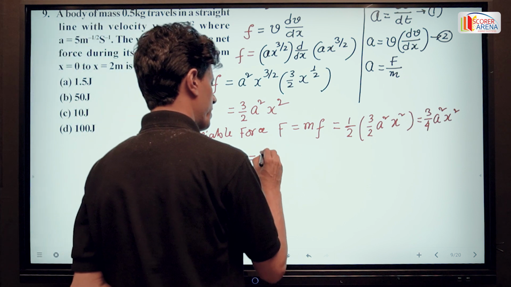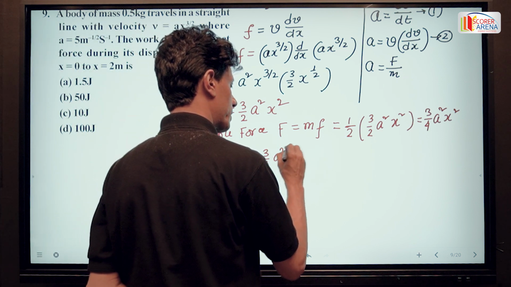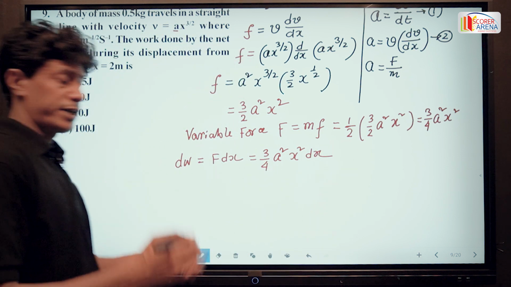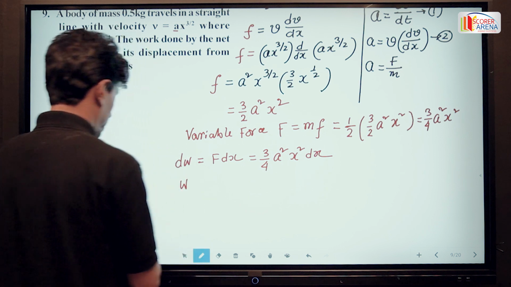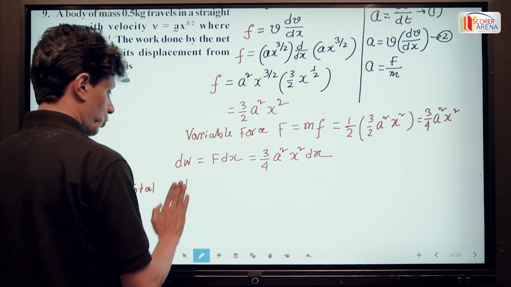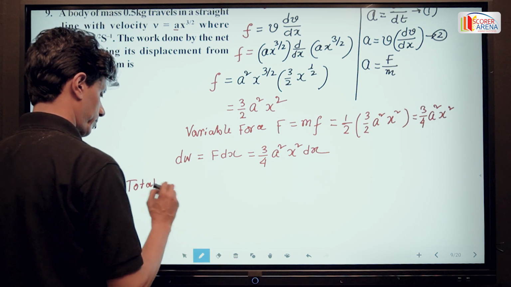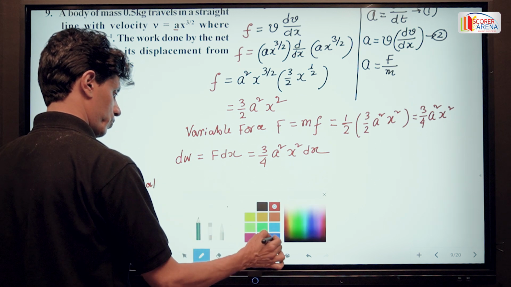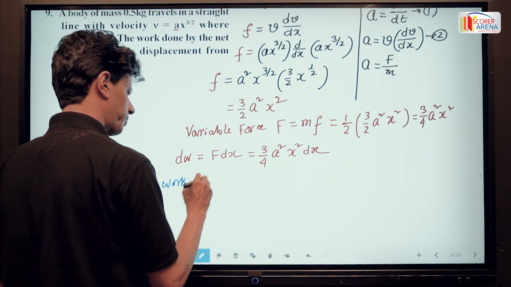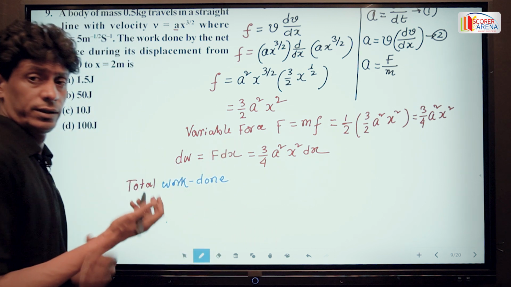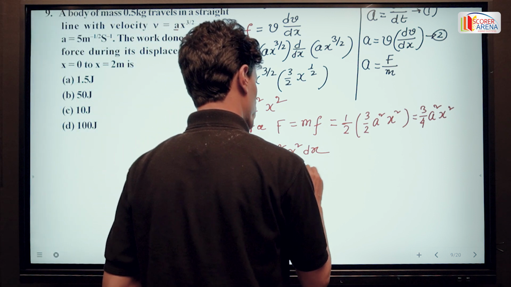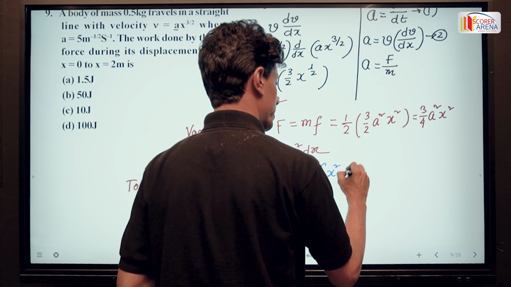So this is 3 by 4 a square x square dx, and on integration, total work done W equals 3 by 4 a square integration of x square dx.